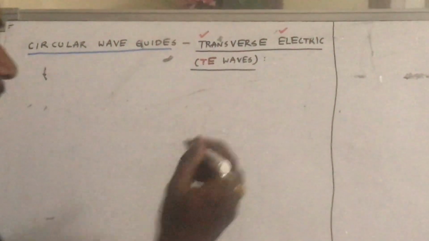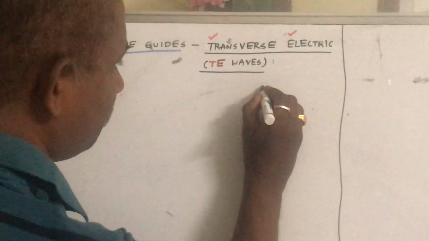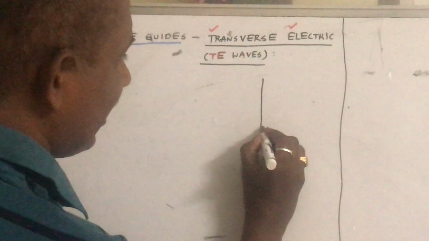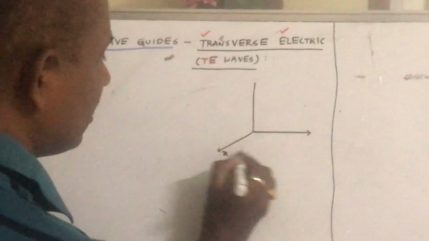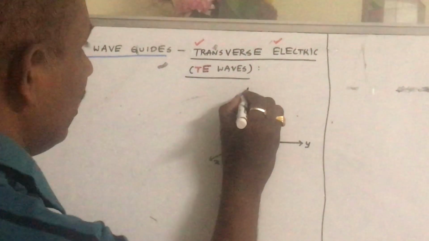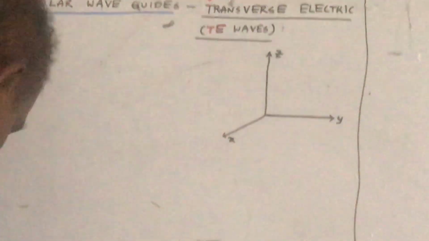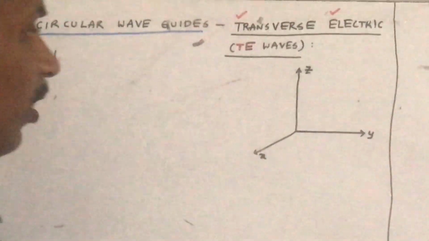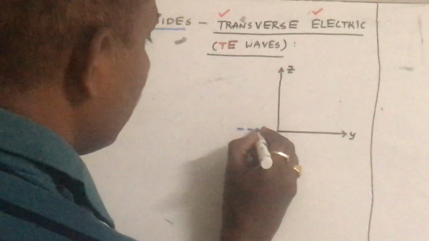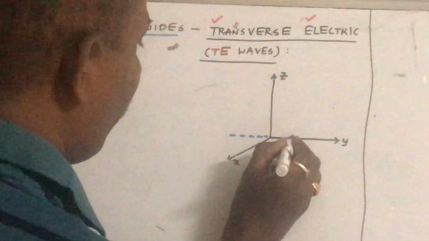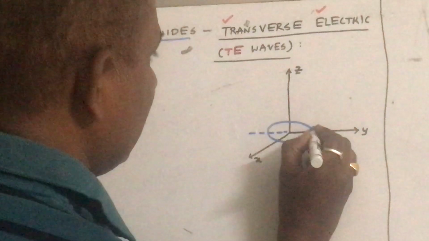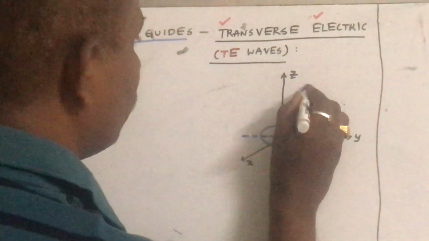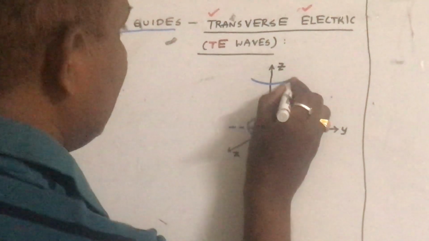So now let us take a three-dimensional coordinate system, X, Y and Z. Let us assume that the circular waveguide is along the Z axis.